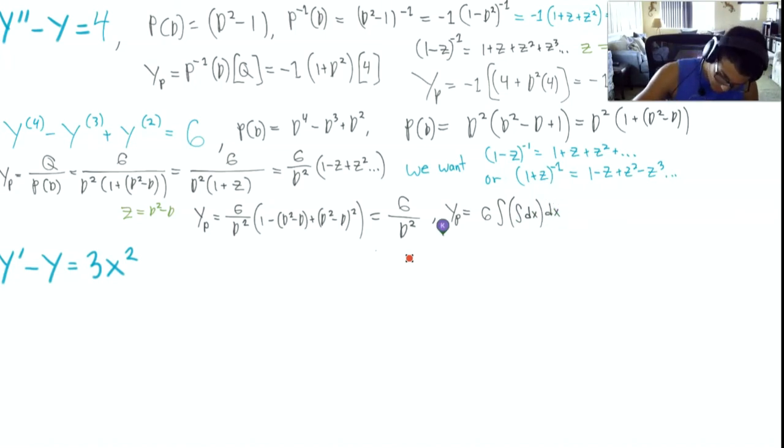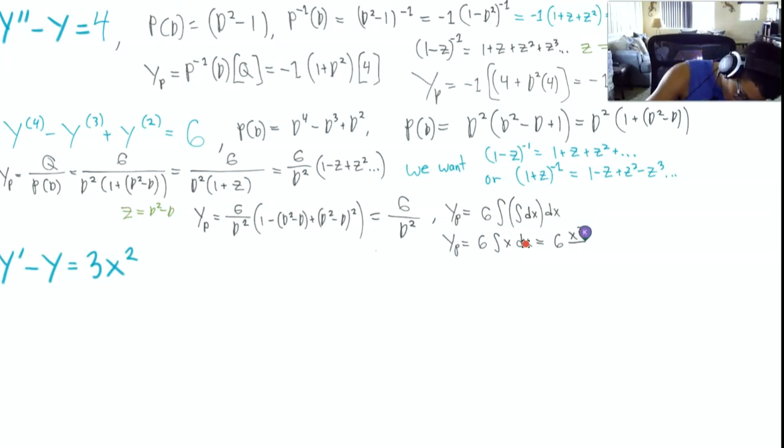So what does this become? It becomes y_p equal to 6 times the integral. The first little one will just be x, and we do it again, then it becomes 6x squared over 2, which is equal to 3x squared.